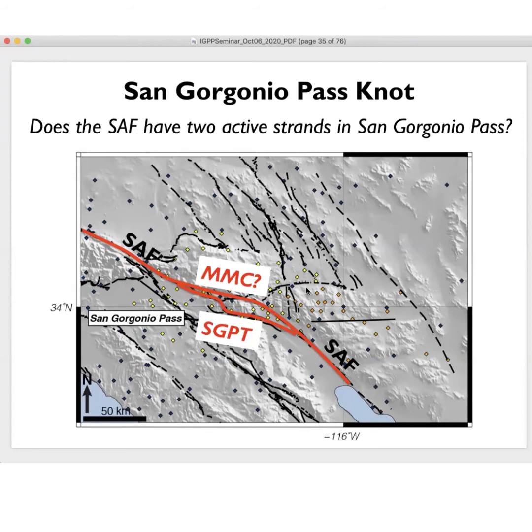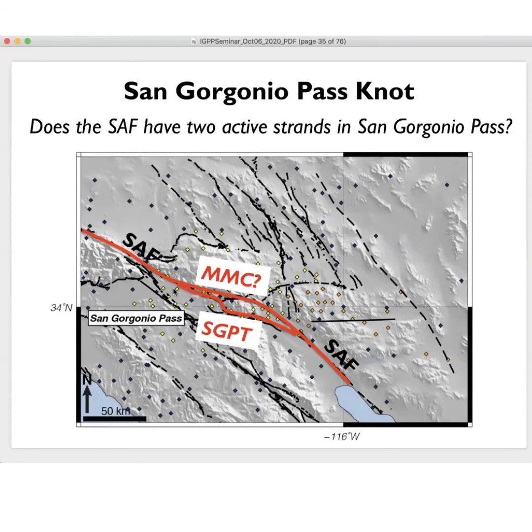And so, in geologic history, it's had really high slip rates. It still has high slip rates today in some areas, but people are haggling over what is actually happening in San Gorgonio Pass, because as the San Andreas approaches the San Bernardino Mountains block, it splits up into multiple different strands, and each of those strands can have a different slip rate.